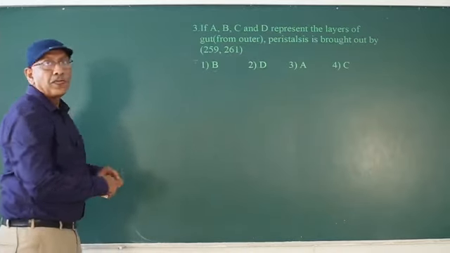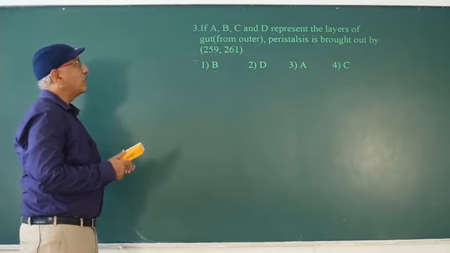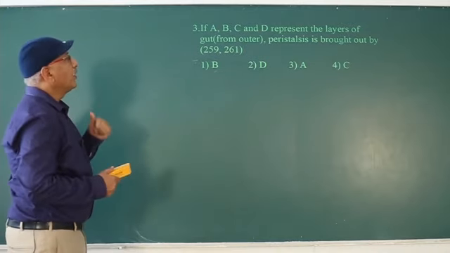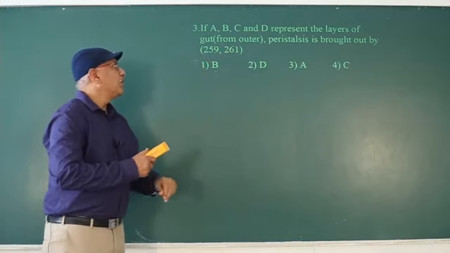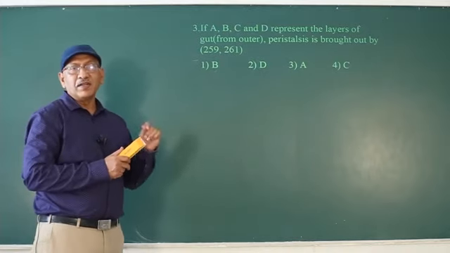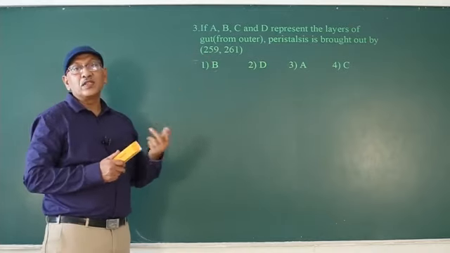Next question. If A, B, C and D represent the layers of the gut from outer to inner, what does it mean? This concept is given in the NCERT textbook, pages 259 and 261.